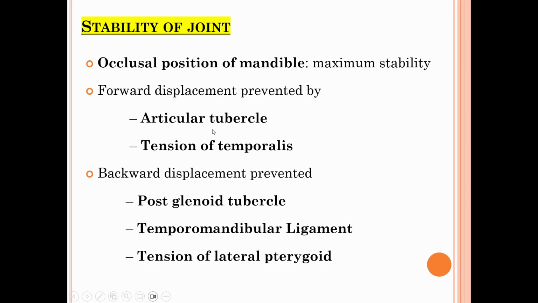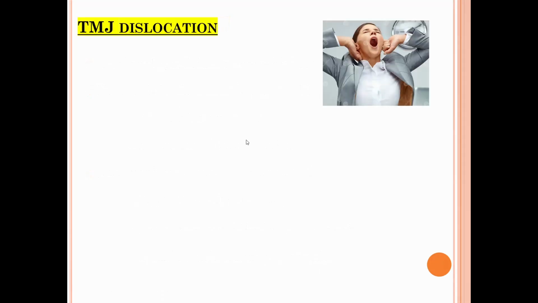Backward displacement is prevented by the postglenoid tubercle, temporomandibular ligament and tension of the lateral pterygoid. So these are responsible for the stability of the joint.